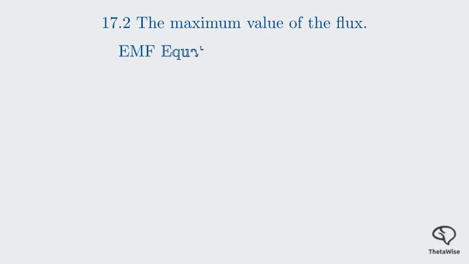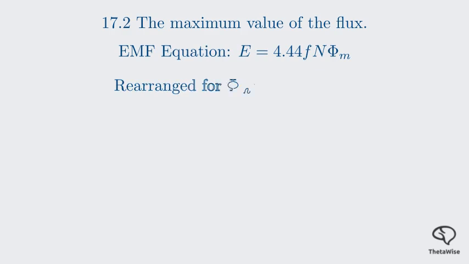Next, in question 17.2, we need to calculate the maximum value of the flux, Φmax. We'll once again use the EMF equation, but this time we'll rearrange it to solve for Φmax. The equation is E equals 4.44 f N Φmax. We can use either the primary or secondary values. Let's use the primary. We know E1 is 1500 volts, the frequency is 50 Hz, and the number of primary turns N1 is 750.